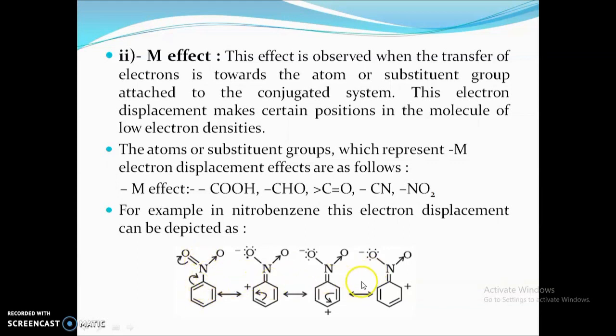So, mesomeric effect is observed, and as a result, positive charge is developed on these two positions, which are termed as ortho positions, and here also positive charge is developed, and this position is the para position. So, in the nitrobenzene molecule, positive charge is developed on the ortho position as well as at the para position due to minus M effect.